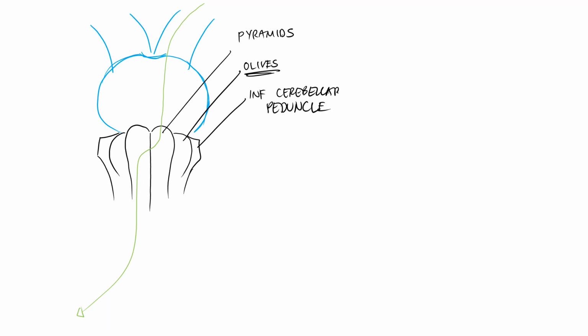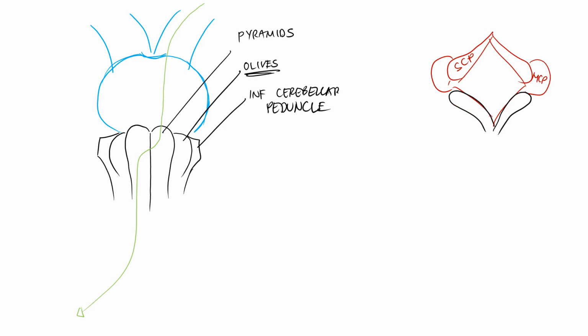Well, remember your rhomboid fossa: superior cerebellar peduncle, middle cerebellar peduncle here, and then at the bottom would be your inferior cerebellar peduncle. Okay, so that's it.